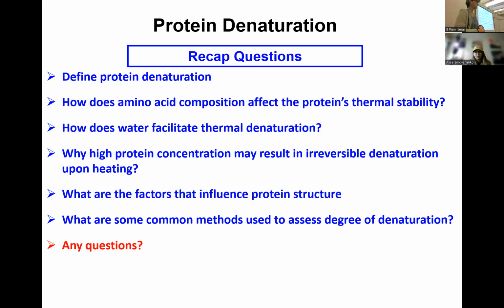Good. Anything else? Yes, Anastasia? You said that enzymes can manipulate the protein. Which conformation is affected most by the enzyme? All the conformations, because when you use an enzyme, you are breaking peptide bonds. When you break the primary sequence, everything else is like a chain reaction.